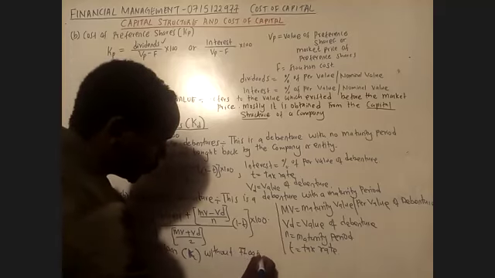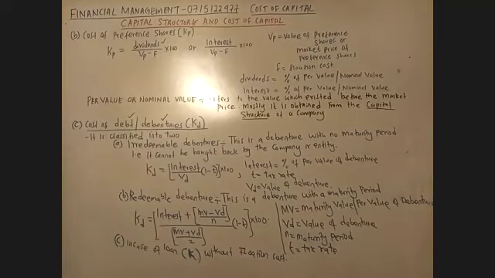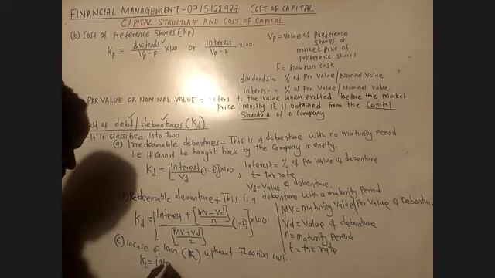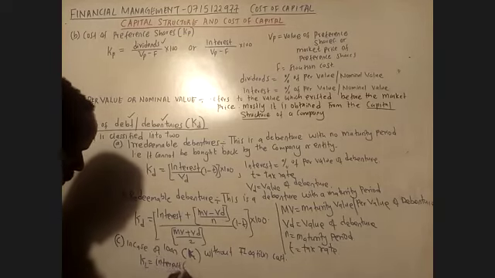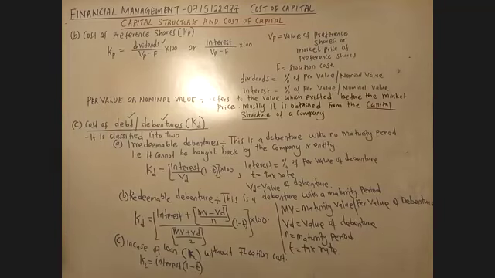So how do we get it? KL will be equal to I, interest, 1 minus tax. That's how you find it.